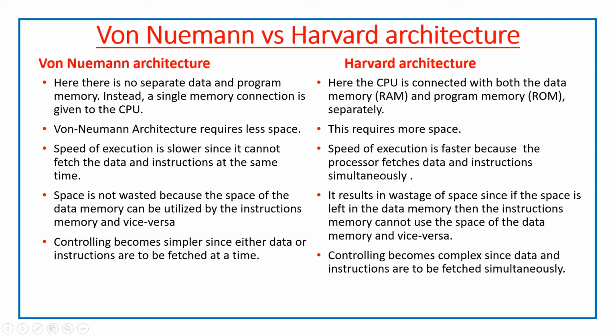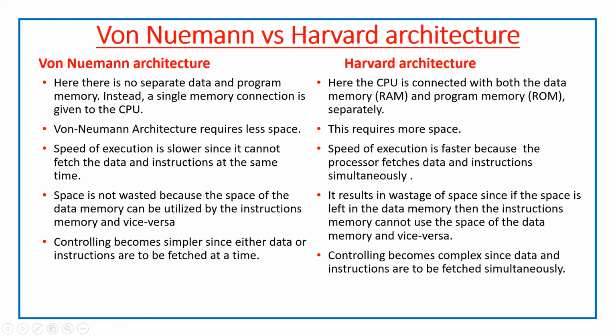But in Harvard architecture, we can see that it results in wastage of space since if the space is left in the data memory, then the instructions memory cannot use the space of the data memory and vice versa. But in von Neumann architecture, there is no wastage of space.